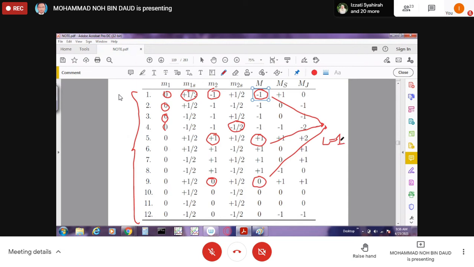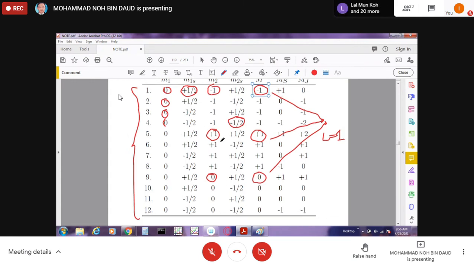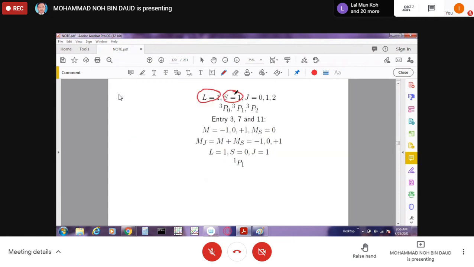Can this be L1? Cannot, because we want to look here for this S1. In these examples, for the S1, we have 1, 0, -1.